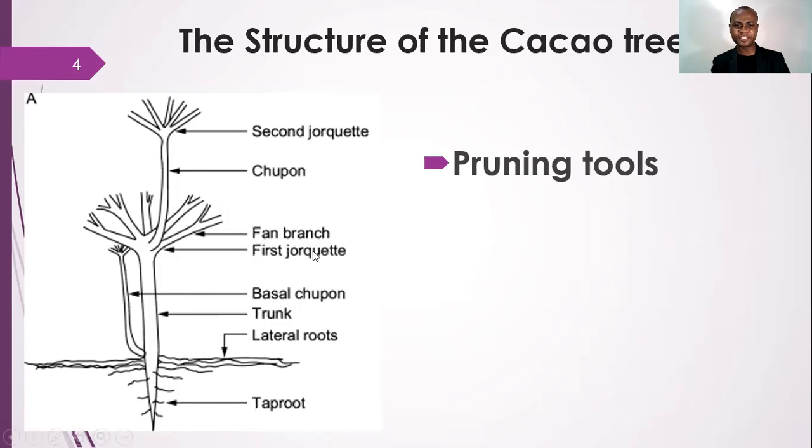For the first jockey, you could allow a maximum of 5 branches there. But the main stem should be around 2 only.